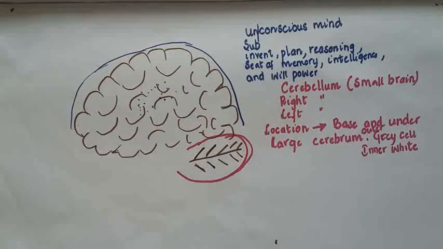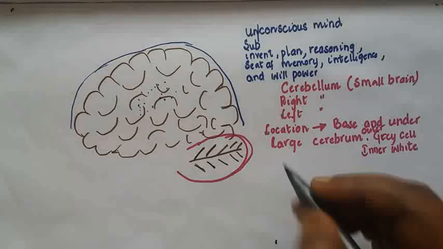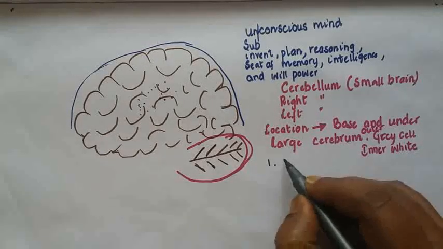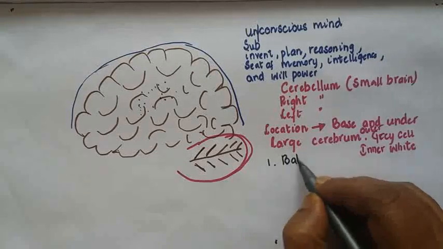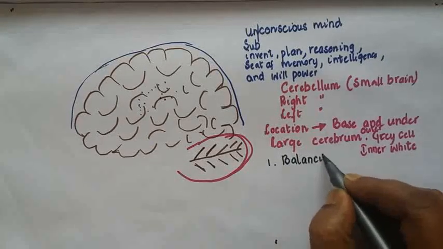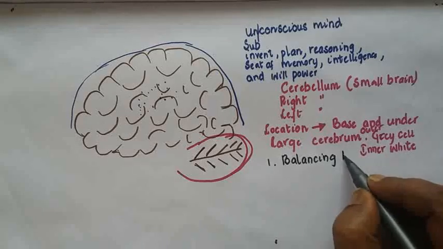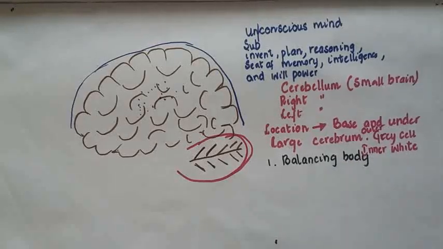So what are the functions of the cerebellum? The cerebellum has two functions. The first function is it helps in balancing our body. Whenever we are walking, standing, climbing down the staircase, it helps us to balance our body and does not allow our body to have a fall.